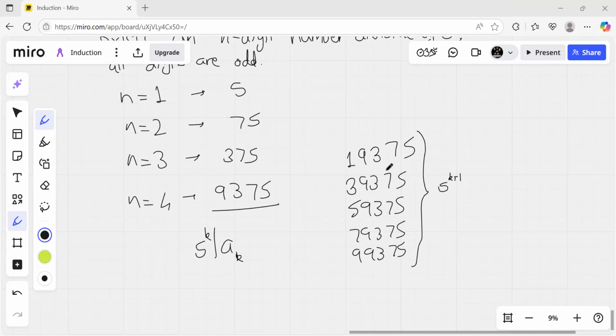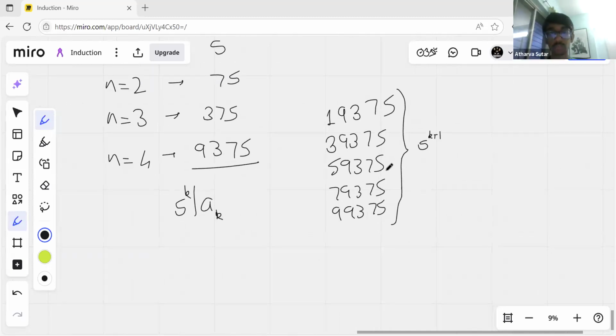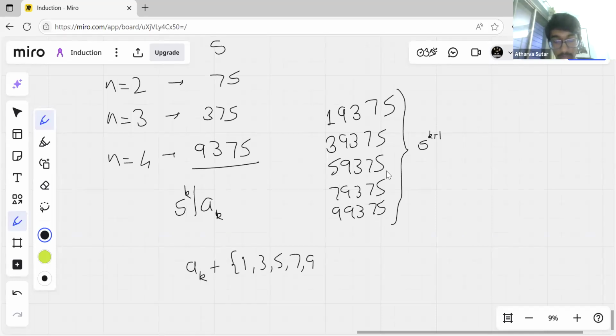If we divide by 5 to the k, then we'll just get the entire residue set mod 5, so one of them has to be 0. Yeah, exactly. When you're adding this digit, you're basically doing ak plus one of 1, 3, 5, 7, 9 times 10 to the k.